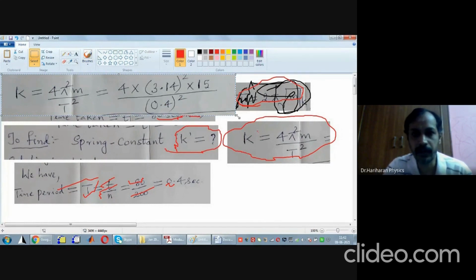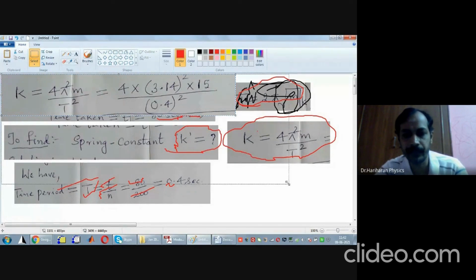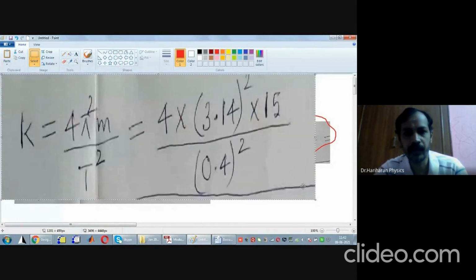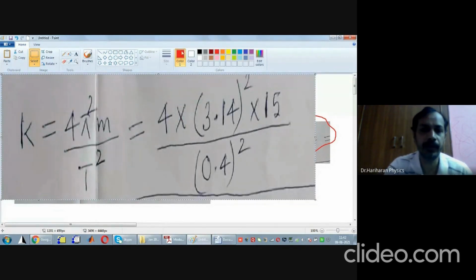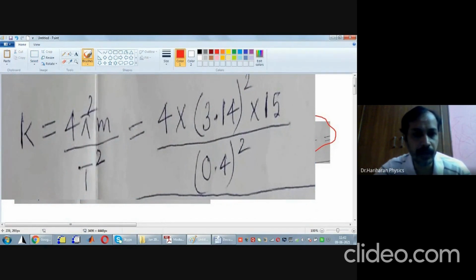Now tell me what is the value you're going to get. Now look here, I have plugged in. So k is equal to 4 pi squared m by T squared. This is in the numerator and this is in the denominator. So what are you going to get?